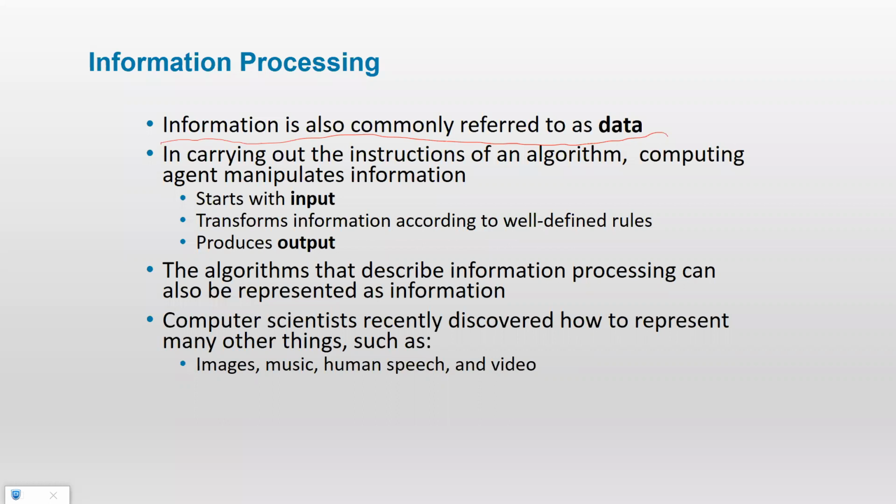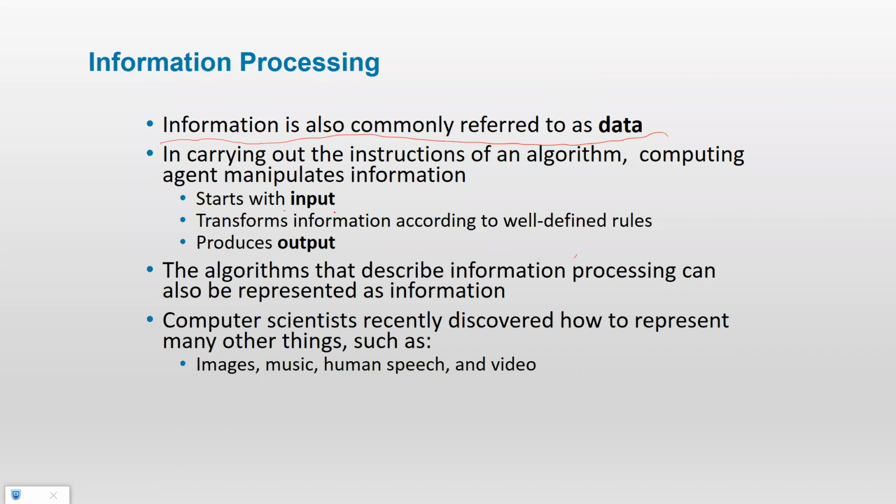But nowadays, because a lot of people who are not computer savvy are also using these terms, we begin to use them to replace one another. You can call information data, you can call data information. I want to make that clear here. Okay. In carrying out the instructions of an algorithm, the computing agent, which is a human being, manipulates information.